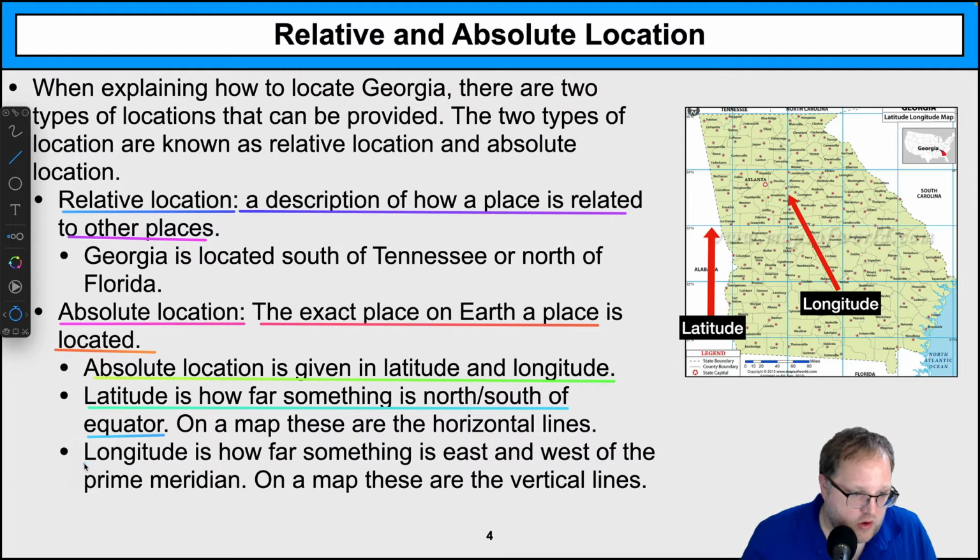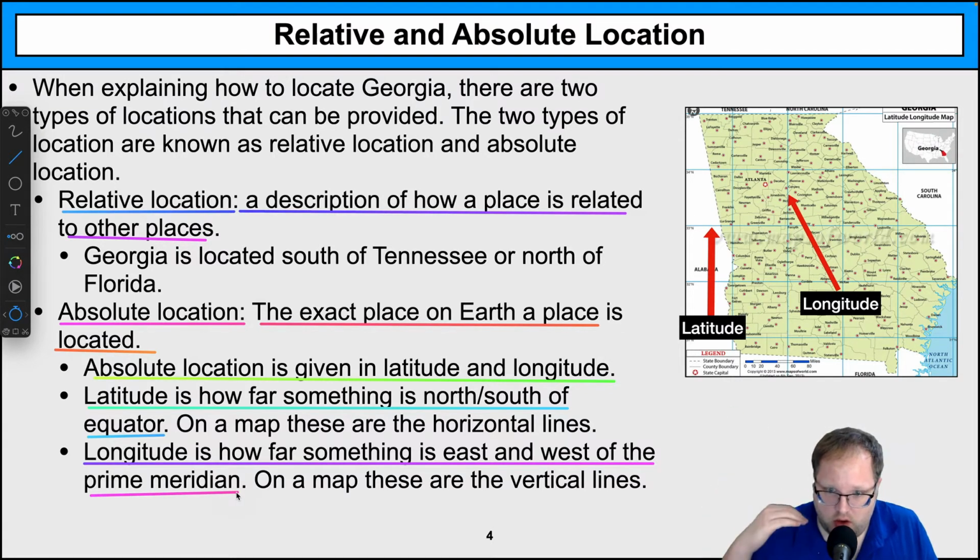And you also need to know what longitude is. Longitude is how far east or west something is of the prime meridian. And remember, the prime meridian is similar to the equator in that it's an invisible line that we use to measure how far east or west something is on the globe. On a map, we measure longitude with these vertical lines right here.